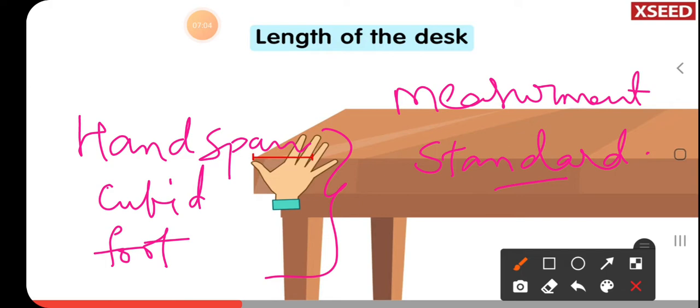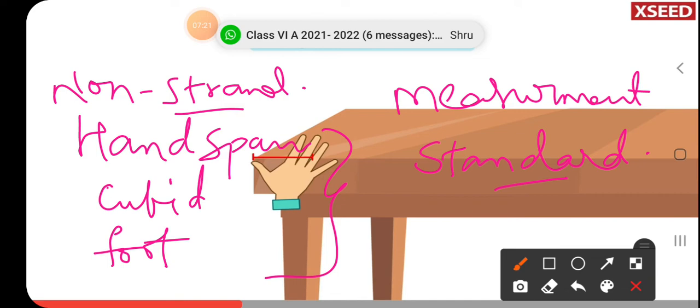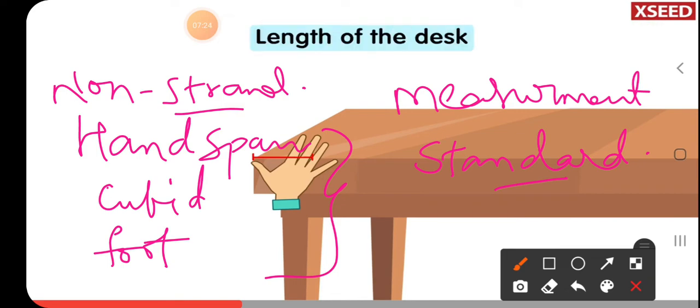Your handspan and cubit come under non-standard measurements, which vary, so you cannot follow them everywhere, but you can follow the standard measurements commonly everywhere in the world to measure length.